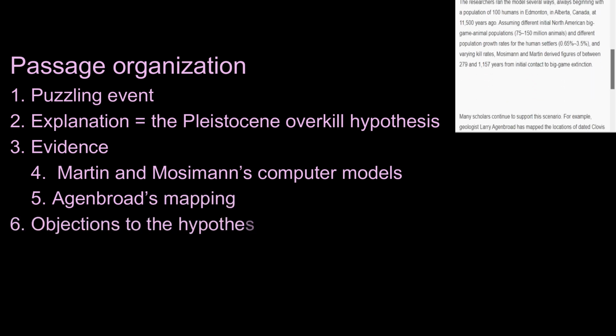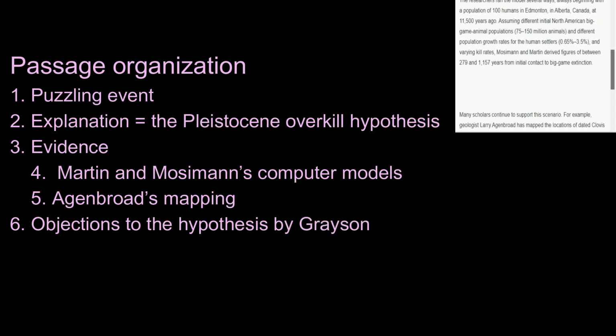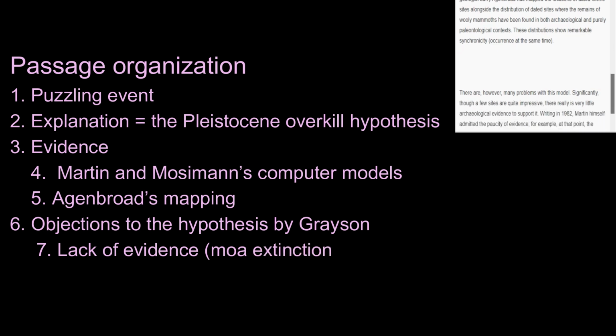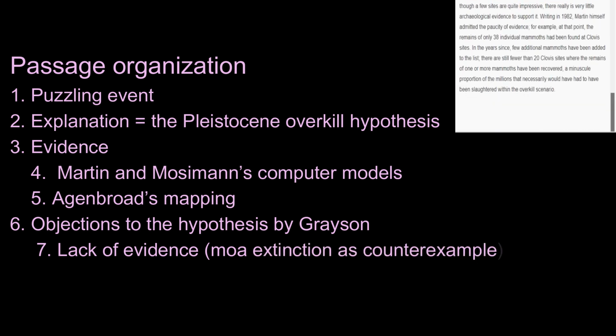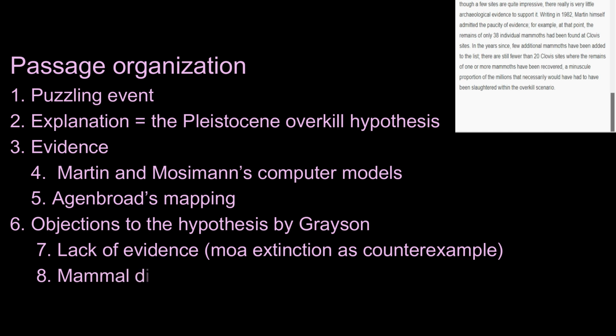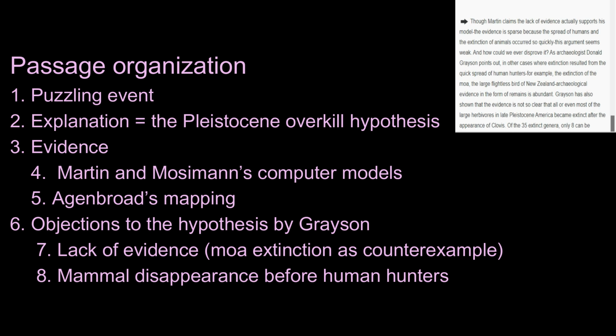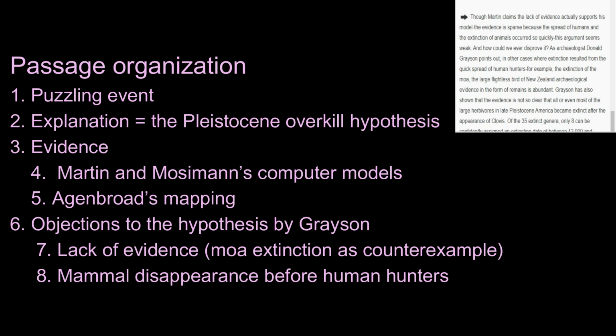One is that the lack of evidence weakens the hypothesis, since if the disappearance happened quickly, then there should be abundant evidence, as with the moa example. The second objection is that it is possible that the mammals disappeared before the hunters appeared. With that, let's examine the following 7 questions that ask about the scientific activities.